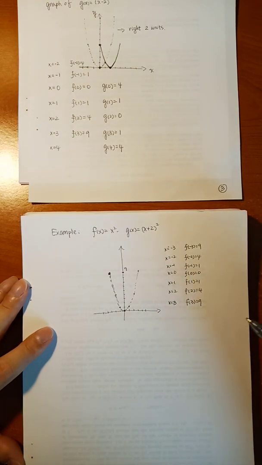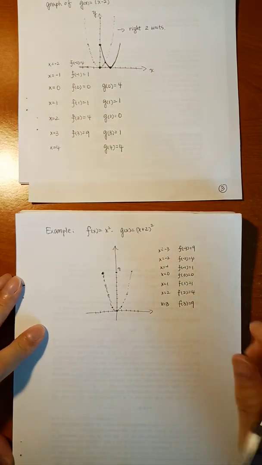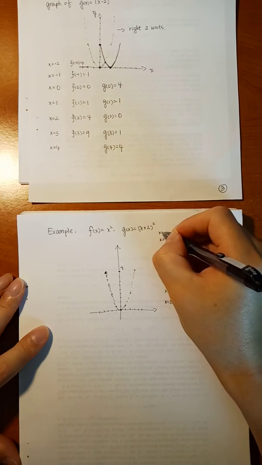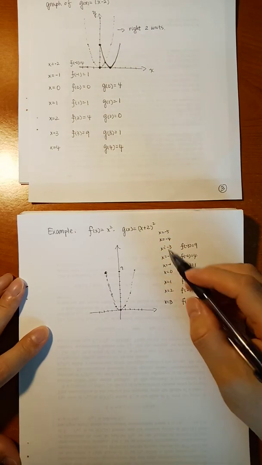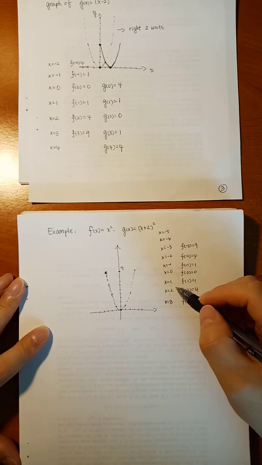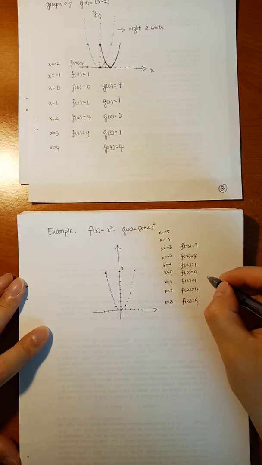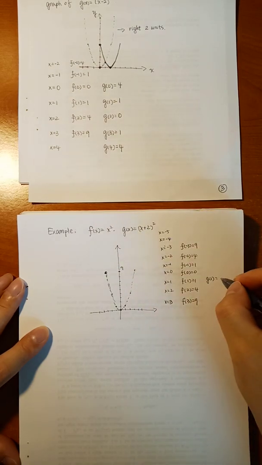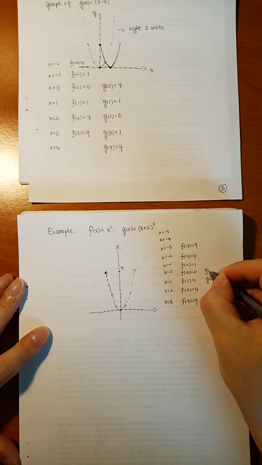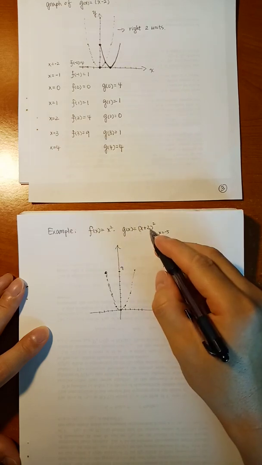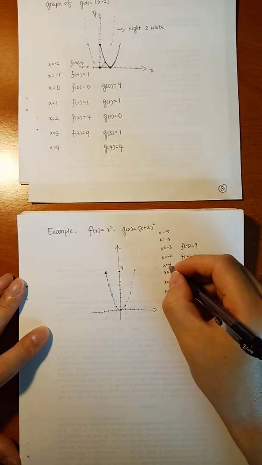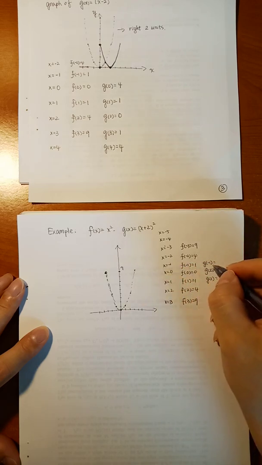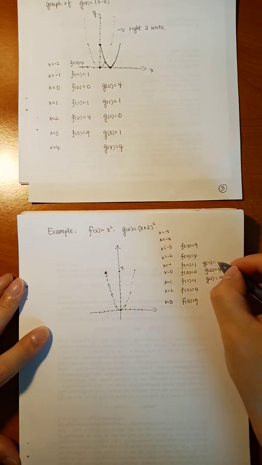And then let's check a graph of g. Graph of g, let's use several different points. So when x is 1, g of 1, 1 plus 2 is 3, 3 squared is 9. G of 0, 0 plus 2 is 2, 2 squared is 4. G of negative 1, negative 1 plus 2 is 1, 1 squared is 1.